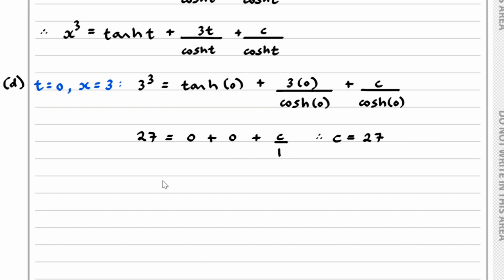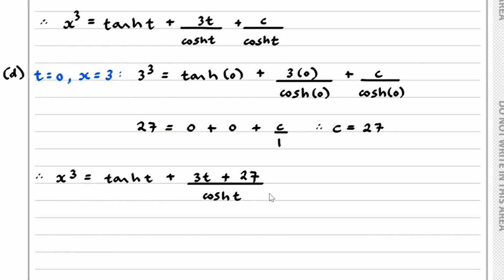And knowing that c is equal to 27, we can therefore conclude x cubed is equal to tan t plus 3t plus 27 over cos t, bearing in mind we've combined the denominators here.